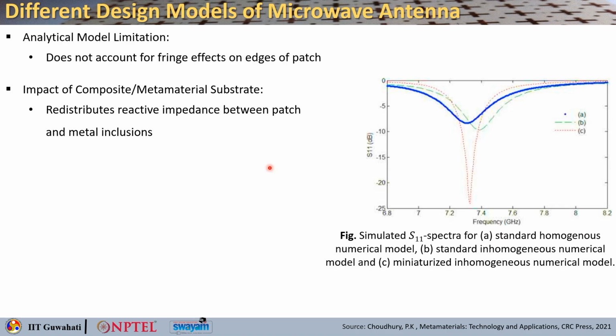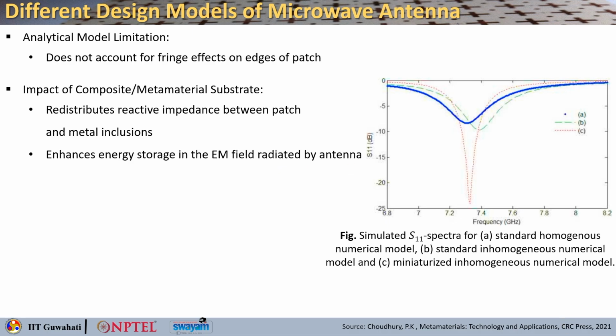Therefore, replacing a homogeneous high permittivity dielectric substrate with an inhomogeneous metal dielectric composite metamaterial with the same values of both effective relative permittivity and permeability leads to redistribution of the reactive part of load antenna impedance between patch and metal inclusions.